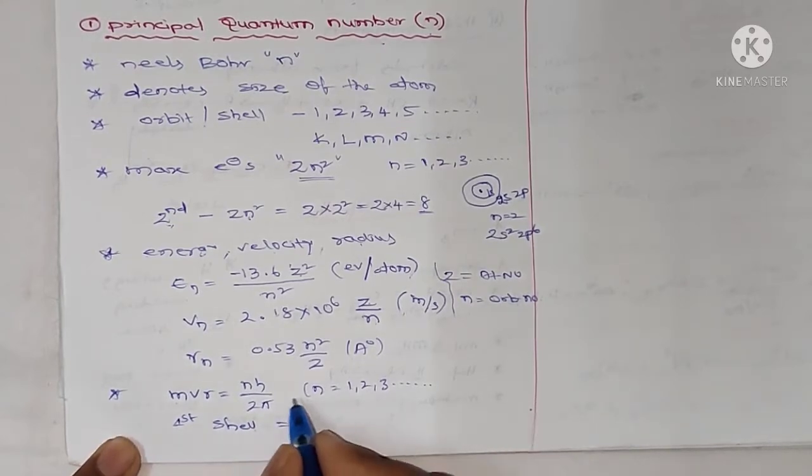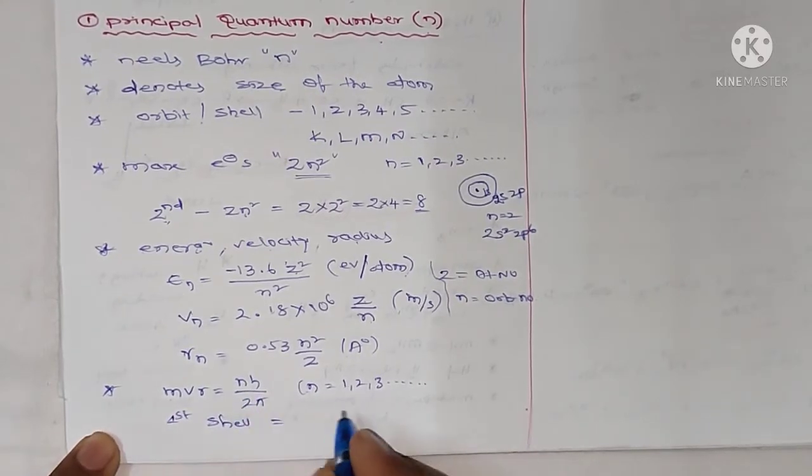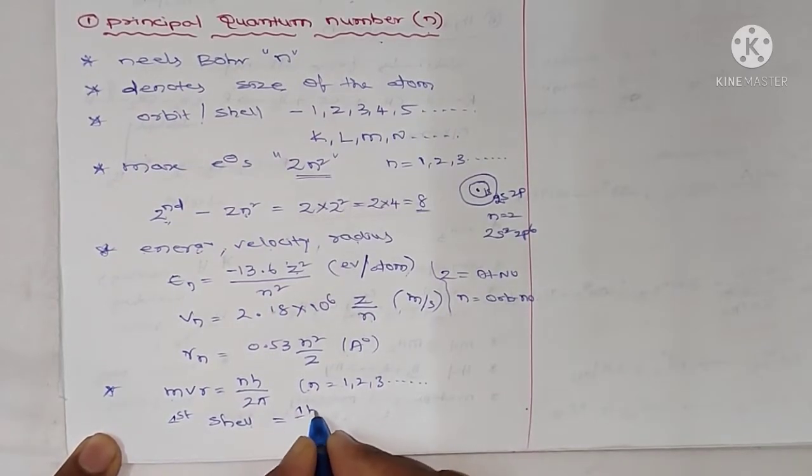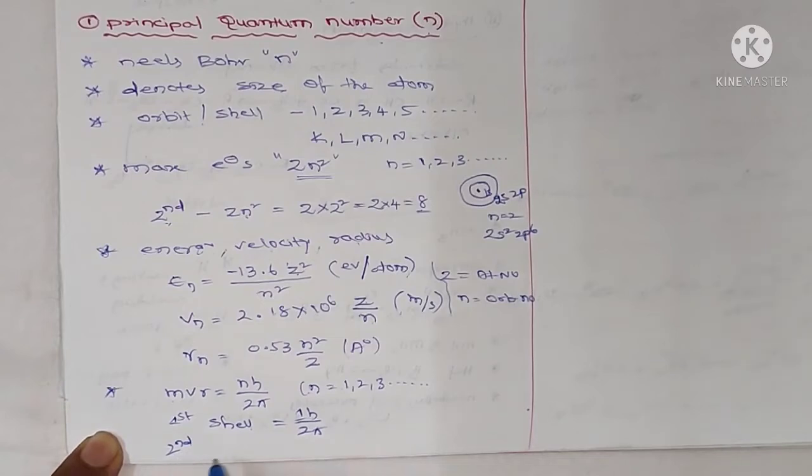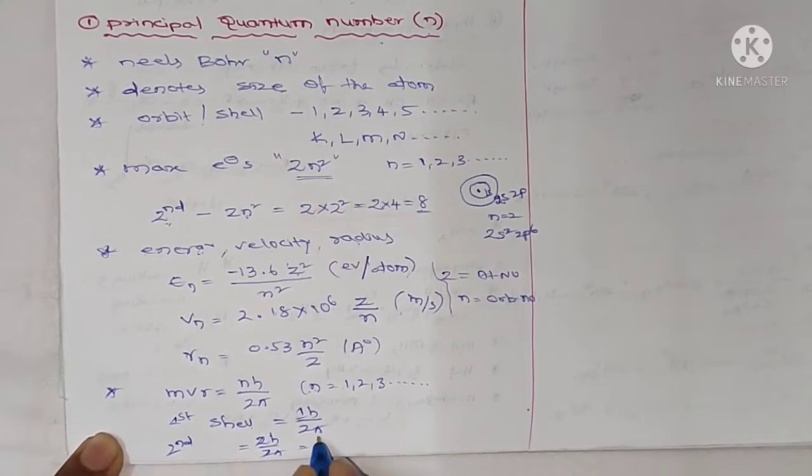For the first shell n is equal to 1, mvr is equal to 1h by 2 pi. For the second shell, n is equal to 2, so mvr is 2h by 2 pi, the 2 cancels, h by pi.